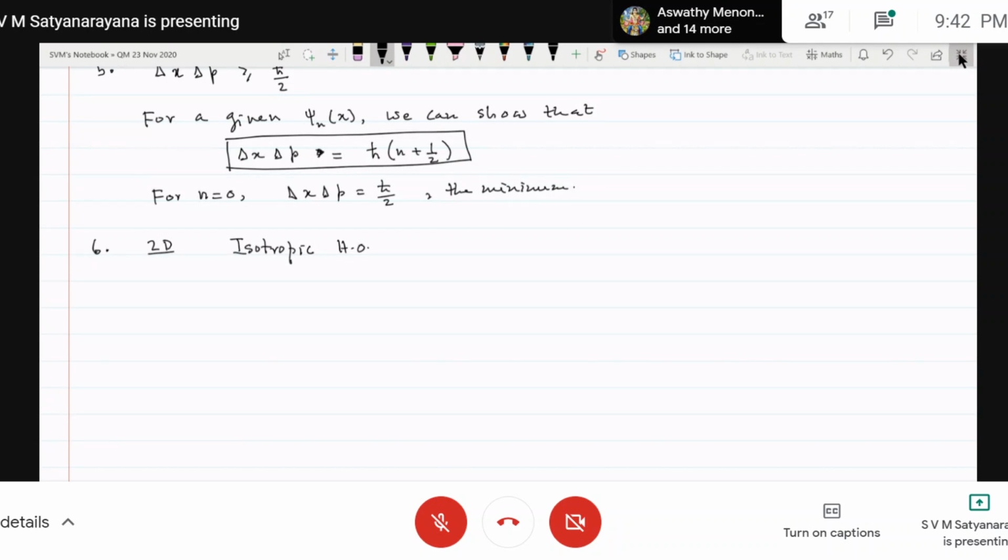In any higher dimension, you have these 2 types. So we'll talk about 2 dimensions. In which case, you write down this v of x comma y as half m omega square into x square plus y square. So this omega is common to x and y. That is the meaning of isotropic.